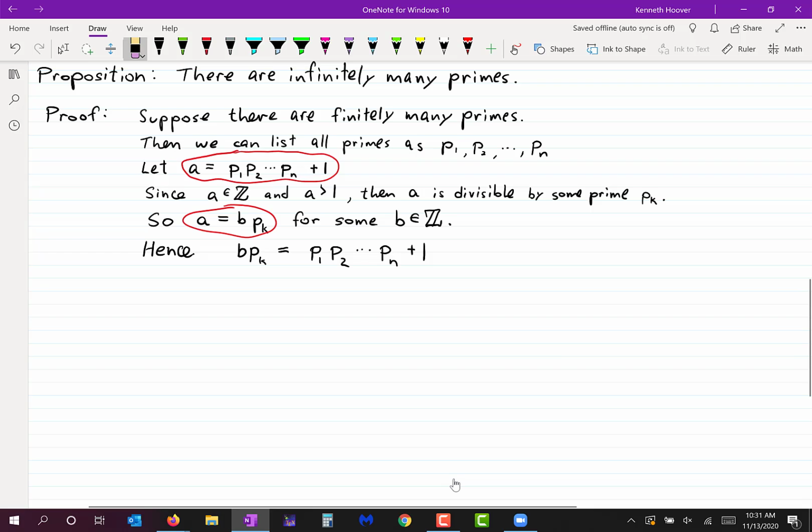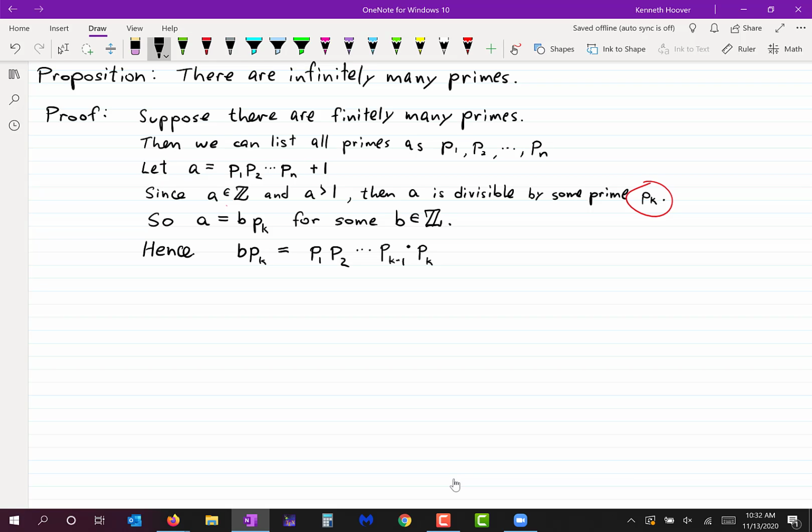And let me also point something else out. P sub k is one of those prime numbers. So P sub k is somewhere in this list. Where is it? I don't know, but I can definitely tell you it's somewhere in that list. So here's how I'm going to write this. P1 times P2, so on, so on. Somewhere in that list is pk. Which prime number would come right before pk would be pk minus 1.